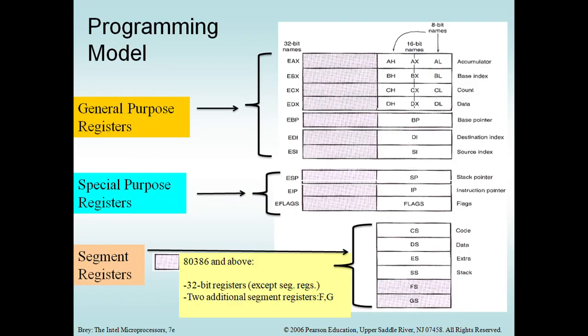A programming model is the internal architecture of a microprocessor, which is actually the internal structure of the microprocessor, or the number and sizes of the registers in a particular microprocessor. It is important for low-level language programmers to understand the architecture of the microprocessor.